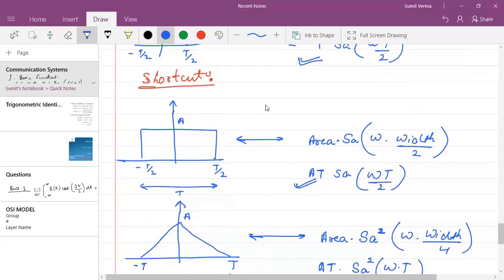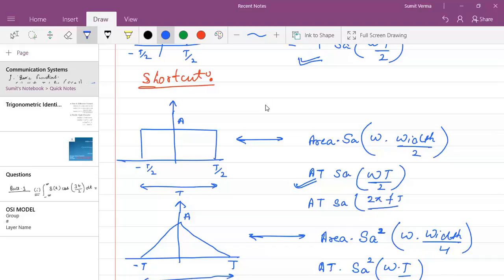So I'd also like to express this in terms of the sinc function. I can write it as sampling of 2 pi f t by 2. As I told you, sinc t and sampling of pi t are the same thing.